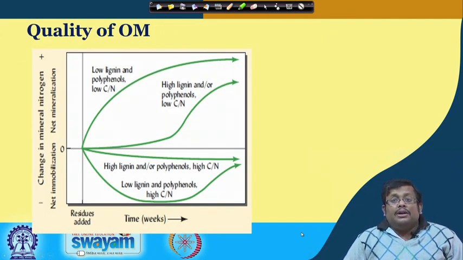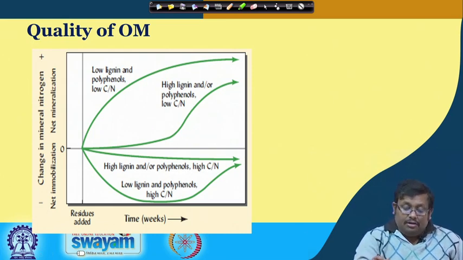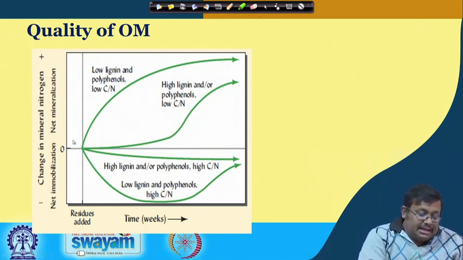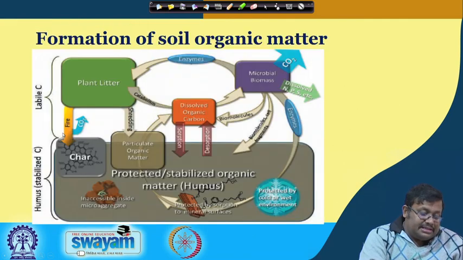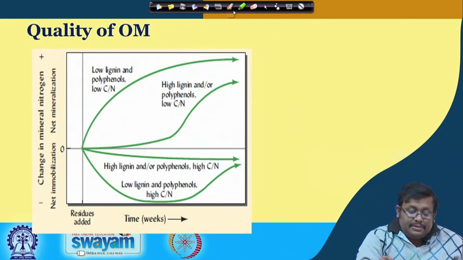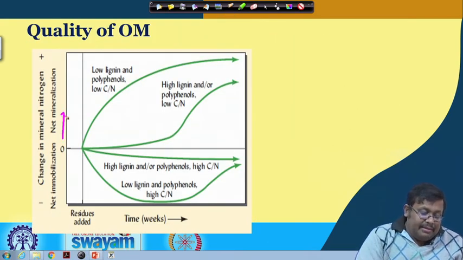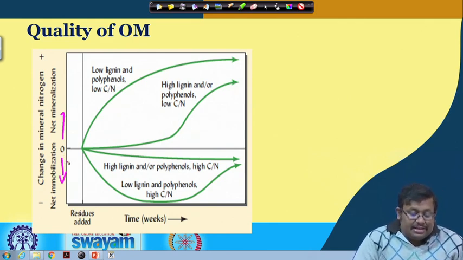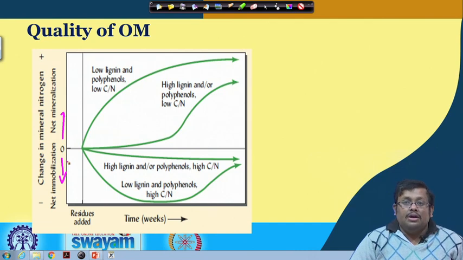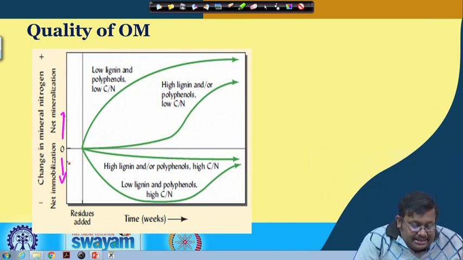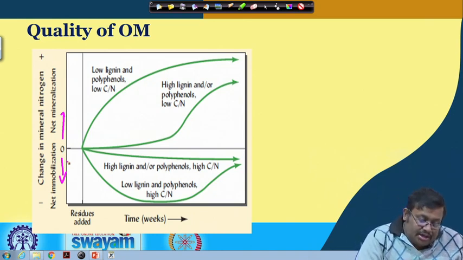So, another important factor is quality of organic matter. Here you can see this portion is indicating net mineralization, and this is net immobilization. Here you can see different graphs showing decomposition rate, or mineralization and immobilization rate, for different compositions.